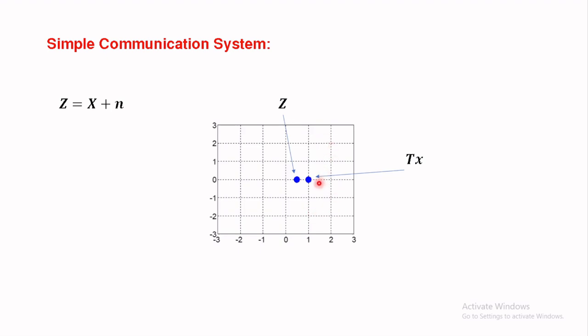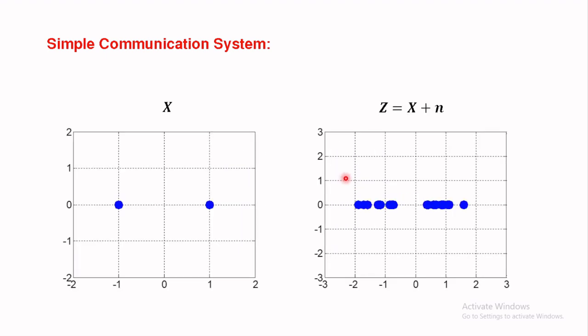So for example, maybe we transmit this value here, which is x. Here it's 1, but z, the received value, will be some value shifted from the transmitted value. This is the effect of the channel on our geometric representation, or on our signal.